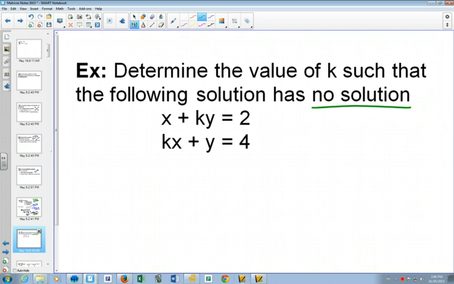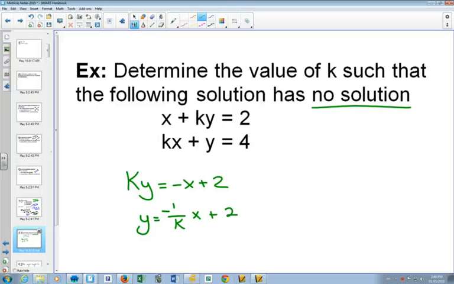So starting with equation 1, if I move the x over, and then I divide by k, I find out that the slope of equation 1 is negative 1 over k.